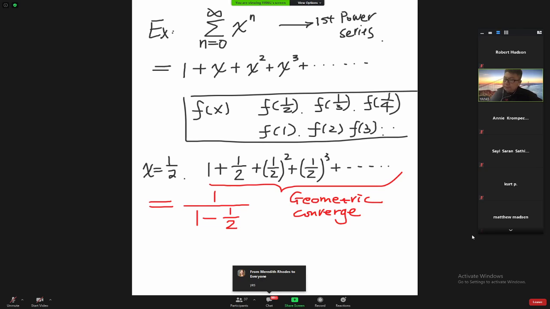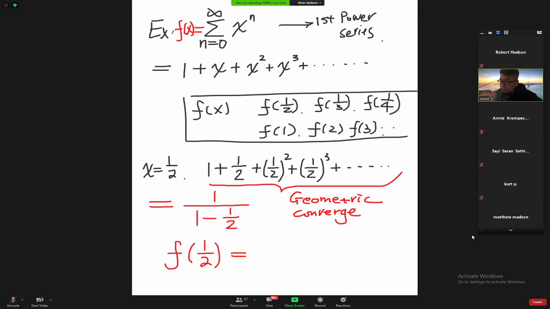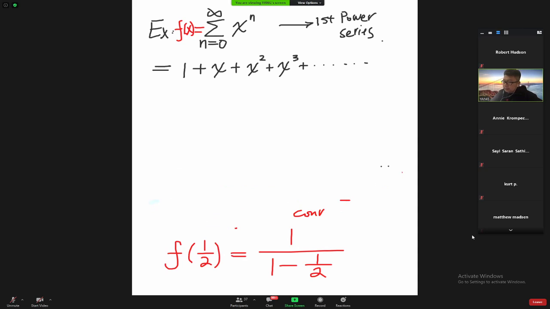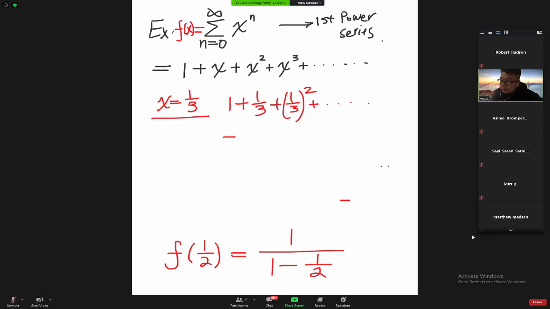So if I denote this as f(x), from this example I find f(1/2) equals 1 over 1 minus 1/2, right? Remember that. Let me keep going. How about x equals 1/3? Then the series will be 1 plus 1/3 plus (1/3) squared.